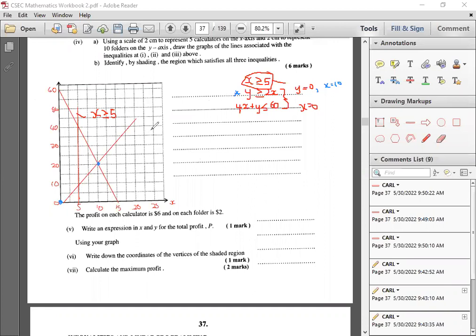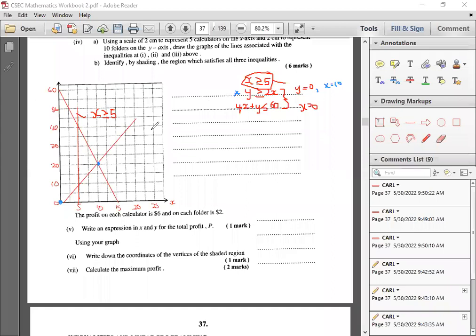So you only need 2 points to draw lines in linear programming. The good thing is that you don't have to show the examiner how you came by those 2 points. But bear in mind, the easier way to identify these 2 points is to ask when x equals 0 for the first point and when y equals 0 for the second point.